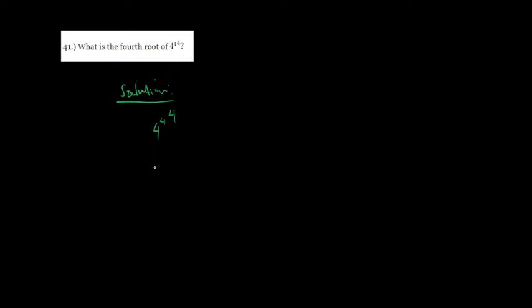In order to get the fourth root of that, we need to multiply the exponent by 1/4. Right? We know that, for example, x to the power of 1/2 is simply equal to the square root of x.